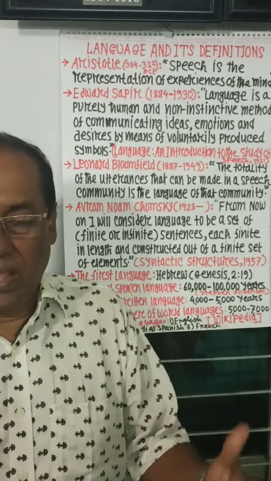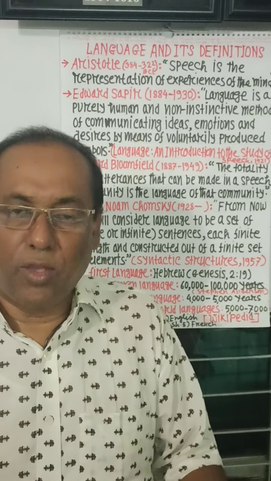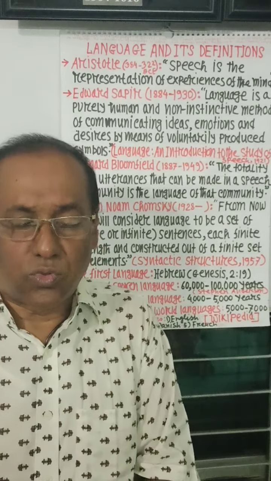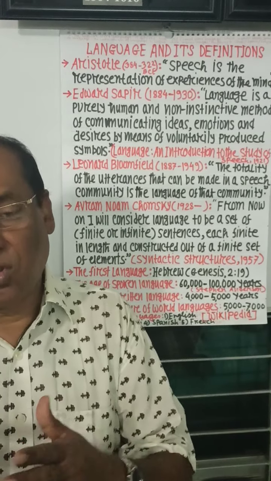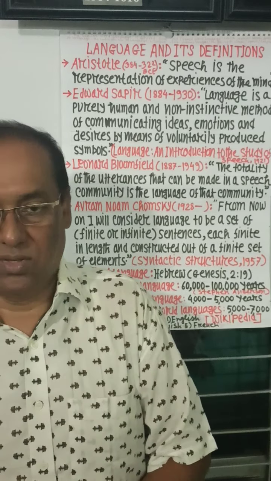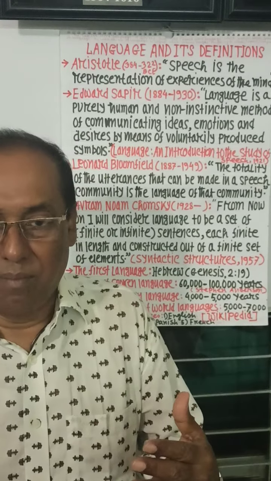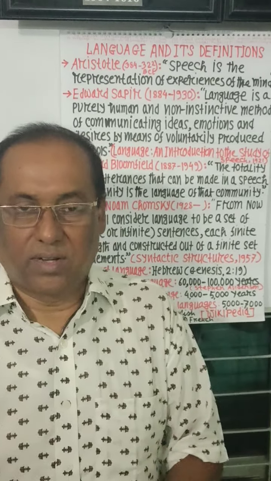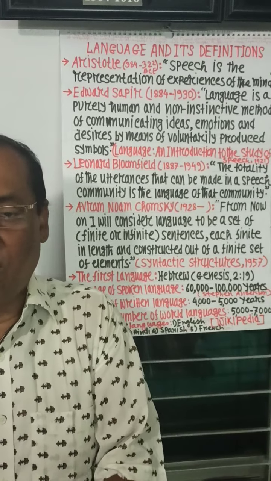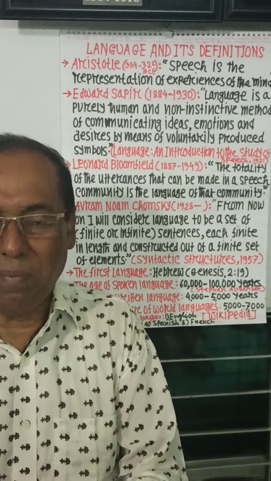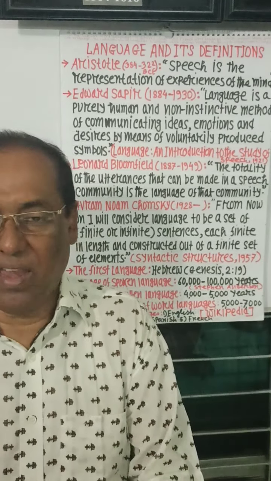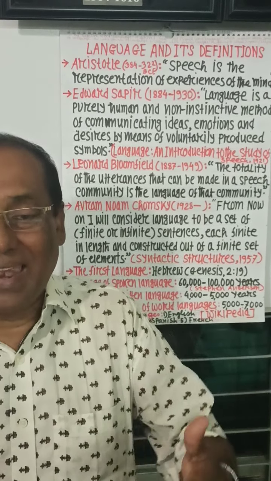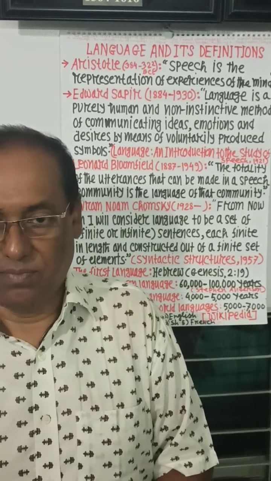But it is true that the study of language is very difficult and vast. It is so vast and so complex and complicated that it has become a difficult subject to study. The scholars wishing to study the origin and evolution of language have to depend on different inferences because of the lack of direct evidence.